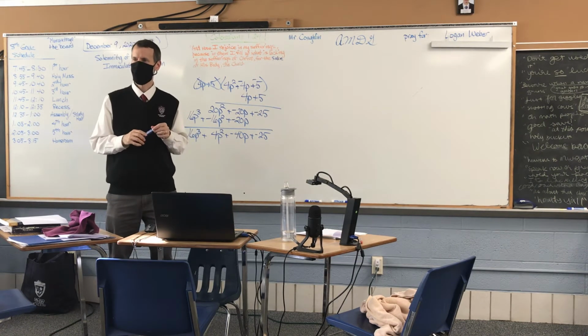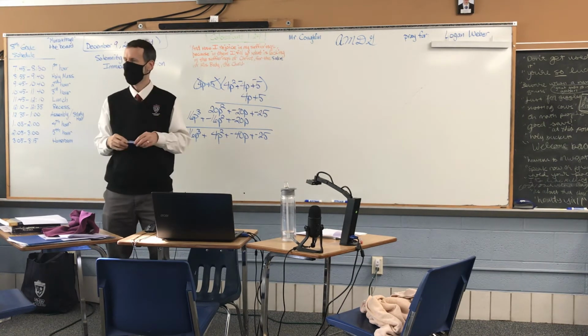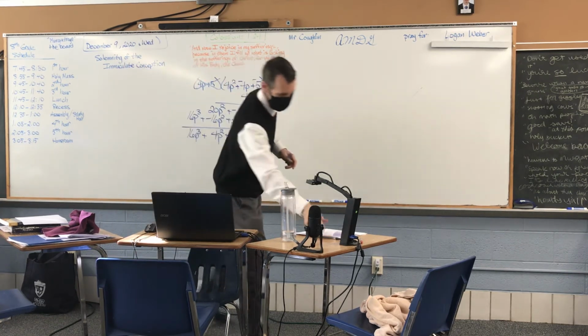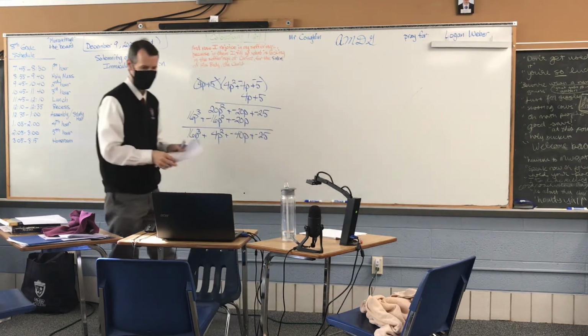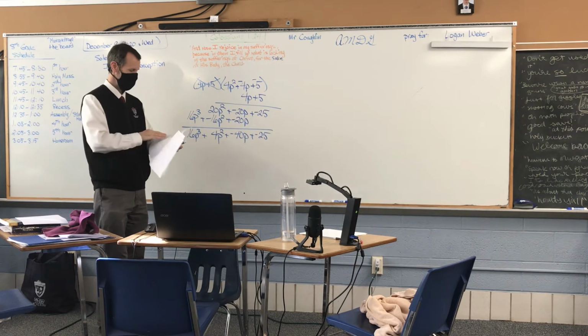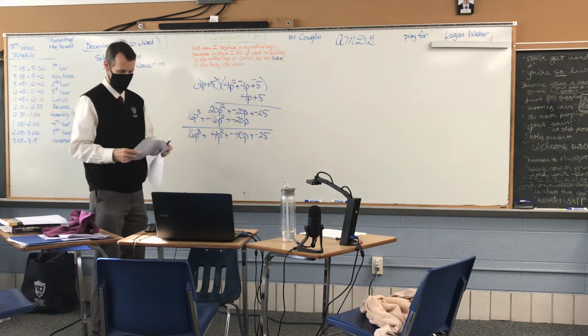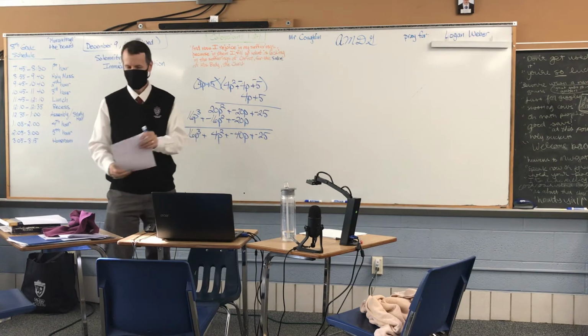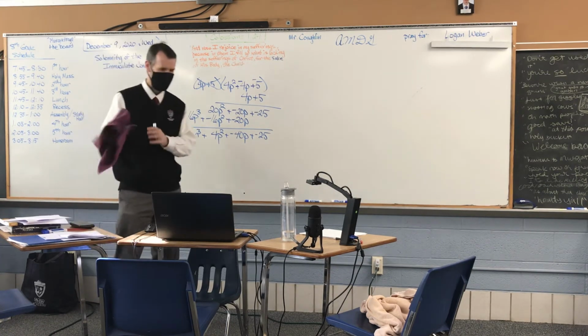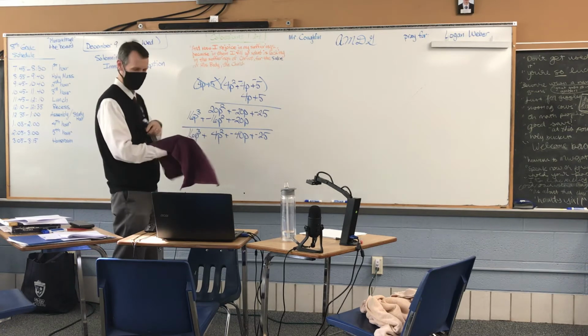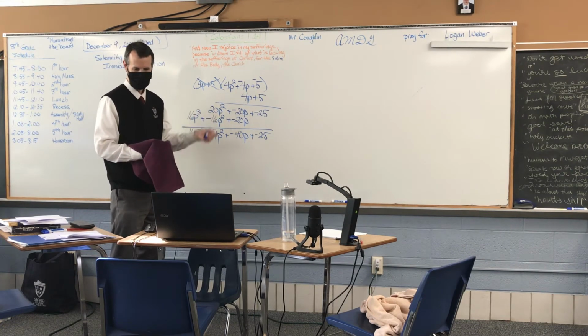Next, Joe. Can you do number 20? Let me see what it is. Number 20, it says simplify and list the restrictions. Mary Kay, you okay with this number, whatever that was? I think it was number 8. Okay, good.